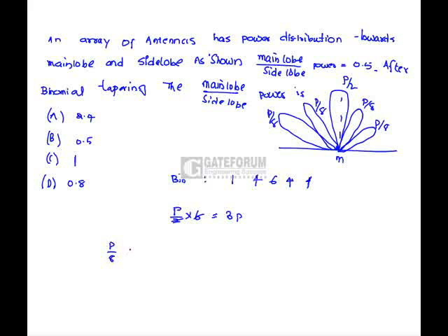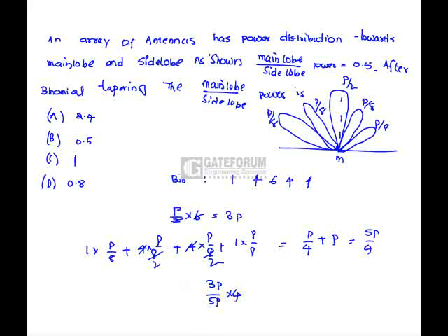The side lobe power is P by 8 into 1 plus 4 plus 4 plus 1, which is P by 4 plus P, which is 5P by 4. So the ratio becomes 3P divided by 5P by 4, that is 12 by 5, which is 2.4. Hence option A is correct.